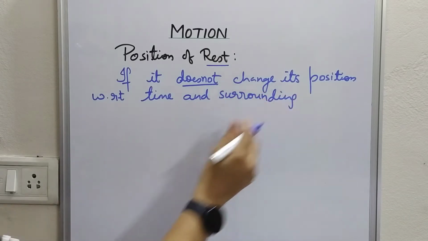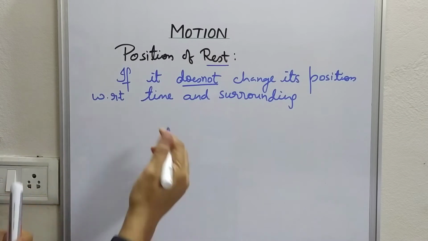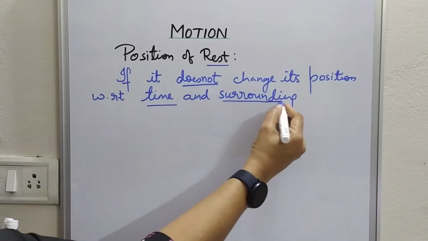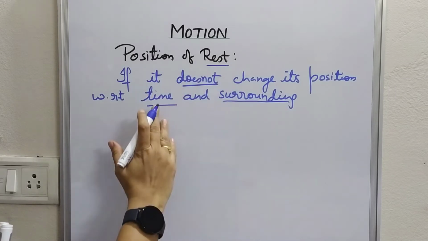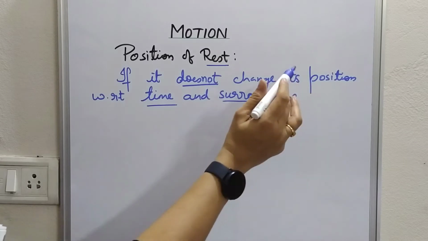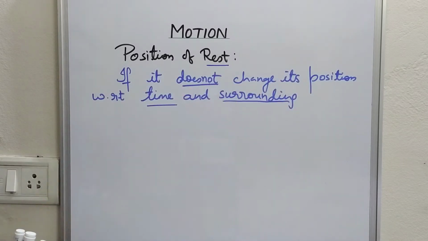If a body, as the time passes, does not change with respect to time and with respect to its own surroundings, if a body does not change its position, then the body is said to be at rest.